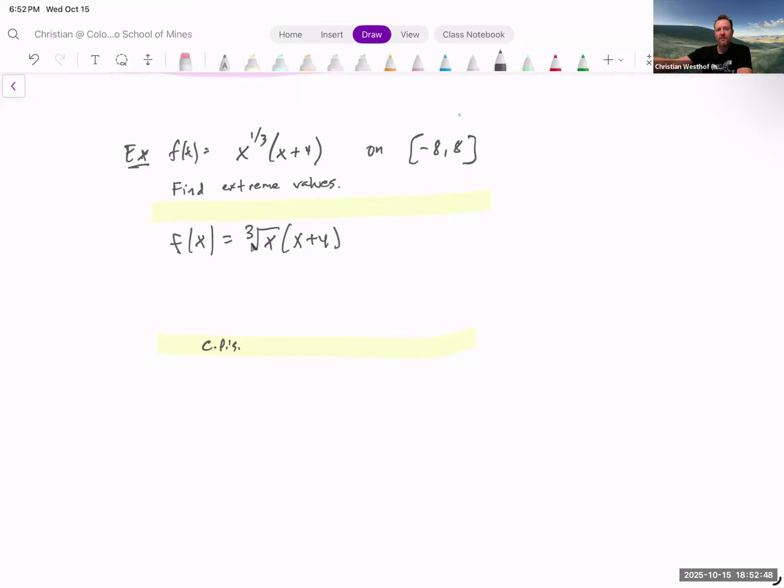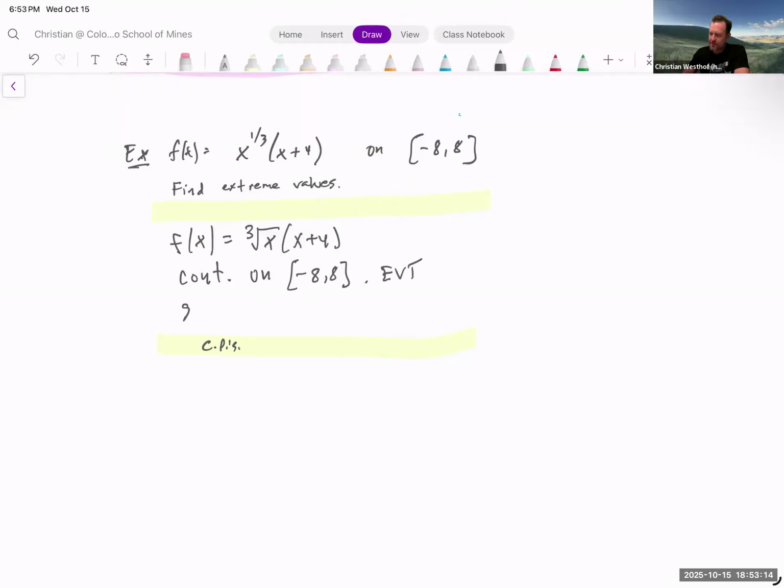But because it's an odd root, x to the 1/3, the cube root of x, it's possible to have, say, -8 in there. The cube root of -8 would be -2. Negatives are allowed. So the cube root of x is also defined for -8 to 8, and the function is continuous on -8 to 8.